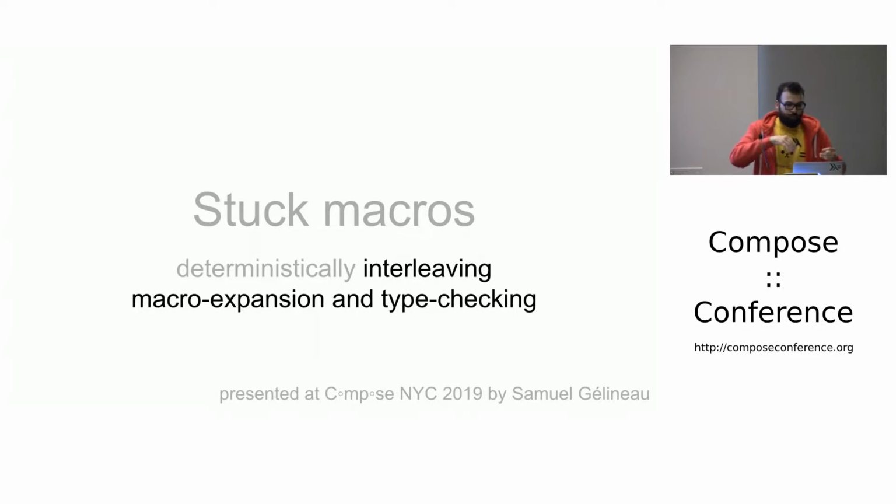I can't do all of the expansion first and then the type checking, and I can't do all of the type checking first and then the macro expansion, because I can only type check code if I have the code, and so I need to know what are the terms that are generated by the macros in order to type check that code that is generated. So that's why I need to interleave between them.